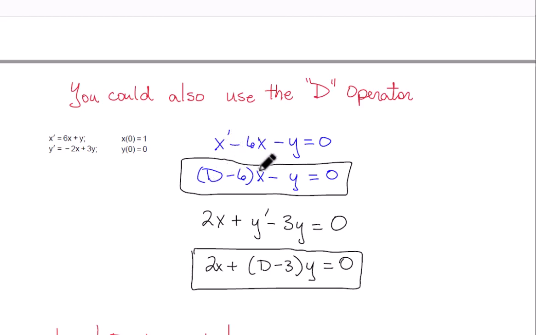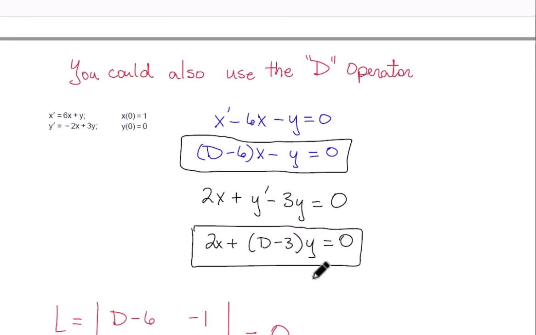So that's the derivative of x minus 6 times x minus y is 0. And now do the same thing for the y equation. I put it in order of x's and y's. So here's my x stuff. Here's my differential operator working on the y part.